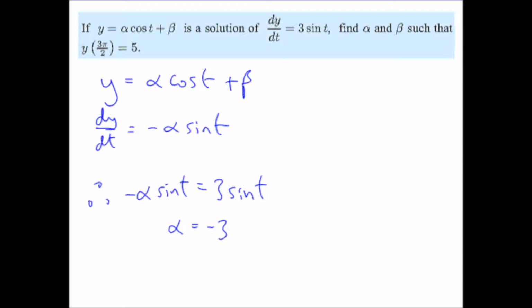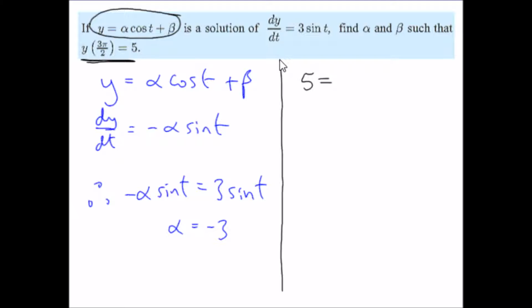So now we need to find the value of beta. We haven't used this information here. So that means the y value is 5 when x equals 3 pi on 2. So we can substitute that into that equation there. So we get 5 equals, alpha is now -3, cosine of 3 pi on 2 plus beta.